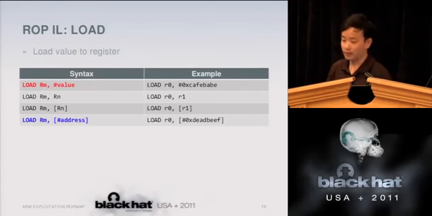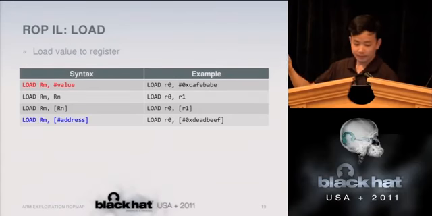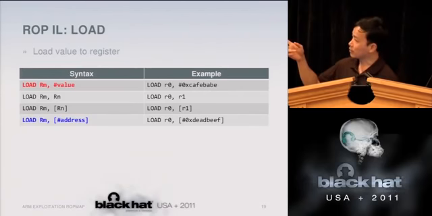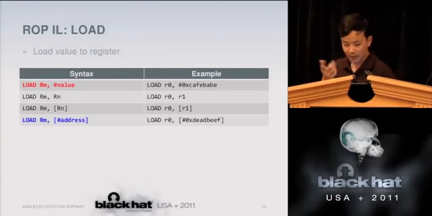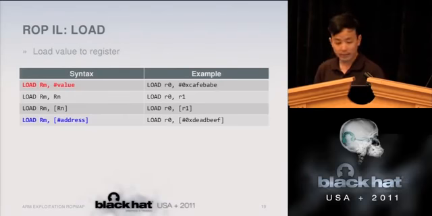Every constant value starts with a common symbol. There is also load register from register, and load register from a memory reference. The most used instructions you can find in shellcode are load register with value and load register from a memory reference.